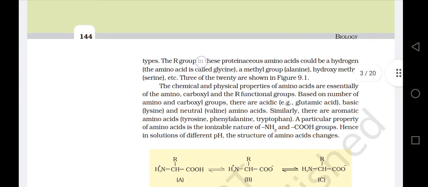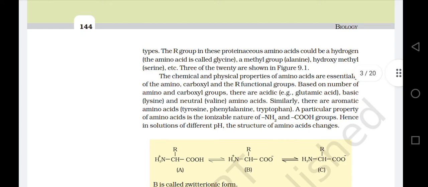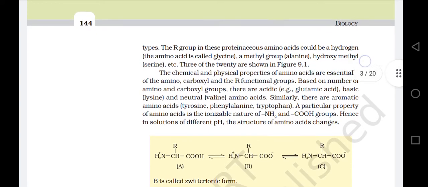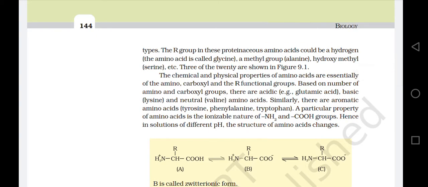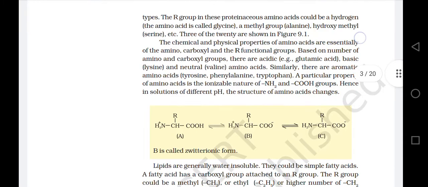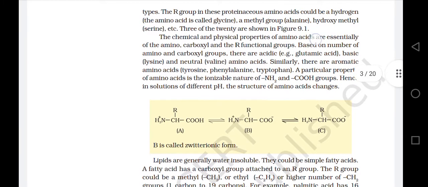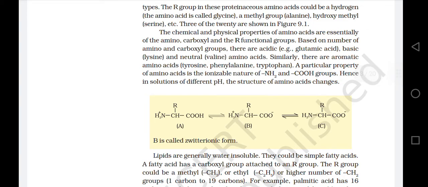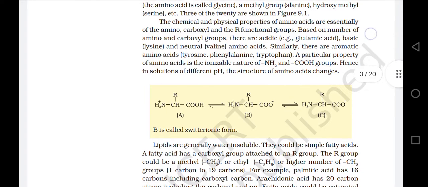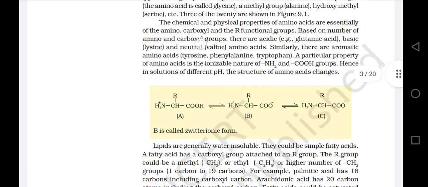The R groups in these proteinaceous amino acids could be hydrogen, and the amino acid is called glycine. A methyl group gives alanine, a hydroxymethyl group gives serine, etc. Three of the 20 are shown in figure 9.1. The chemical and physical properties of amino acids are essentially of the amino, carboxyl and R functional groups, based on the number of the amino and carboxyl groups.